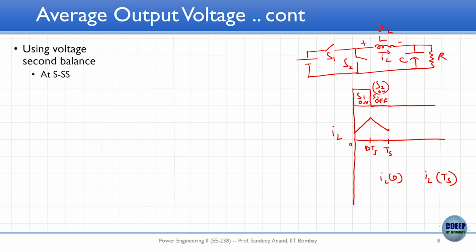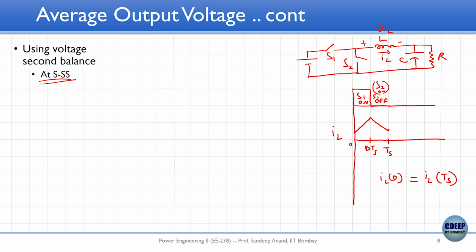What would be the relationship between these two values? The point at which current is starting, the point at which current is ending over a period of Ts. They'll be equal. Is that okay? They'll be equal only if circuit is in steady state. Okay. So we are assuming circuit as steady state. So for now, we can assume it to be equal.